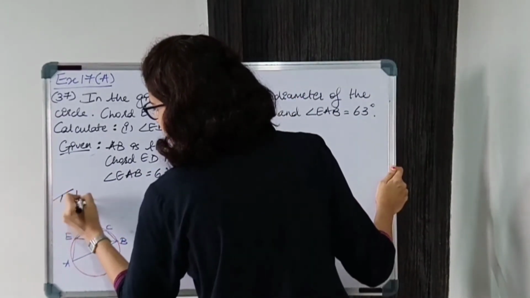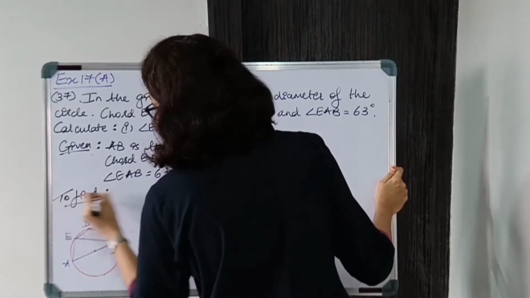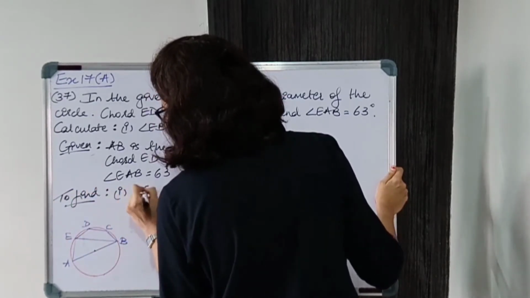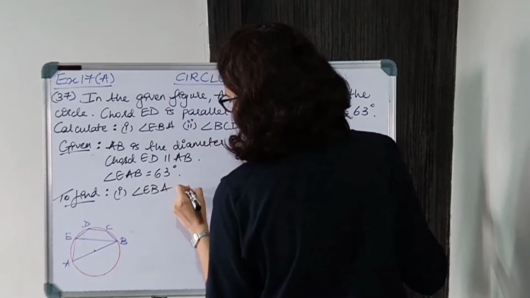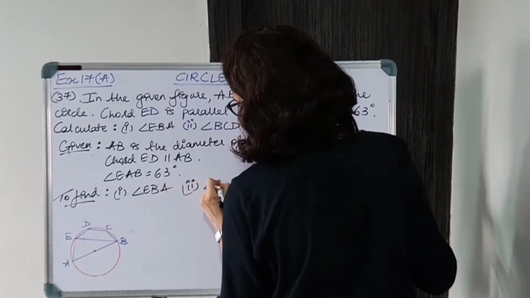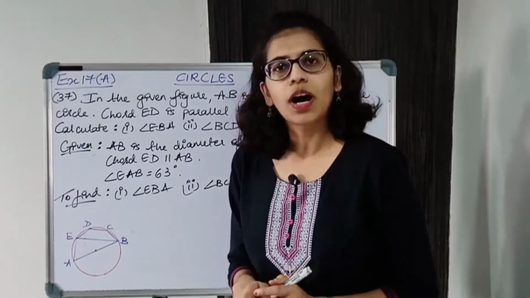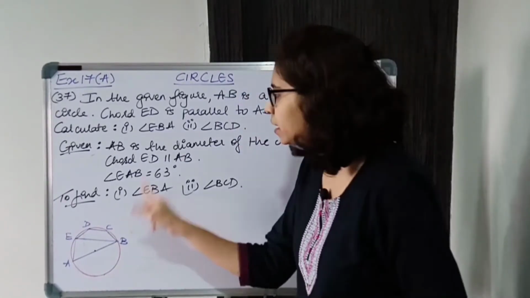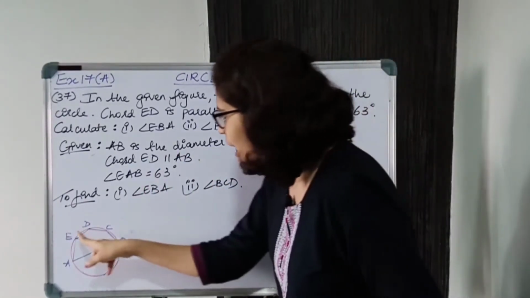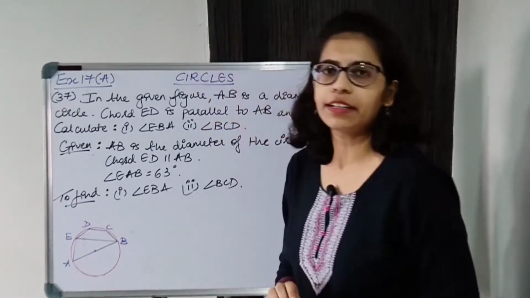To find first part angle EBA and second part angle BCD. Now how will we find angle EBA? फर्स्ट पार्ट पे पहले फोकस कर दे. एंगल EBA फाइंड करना है.